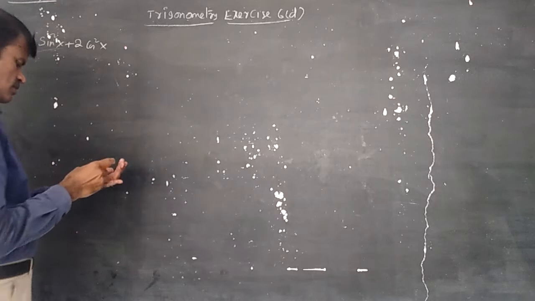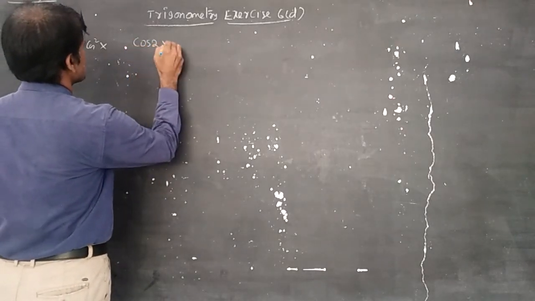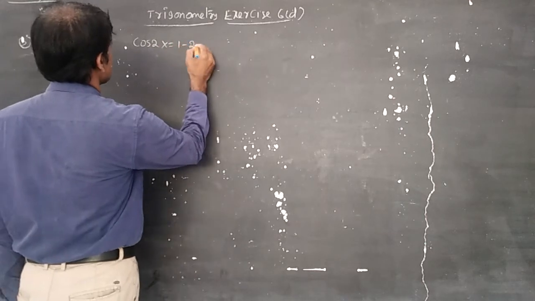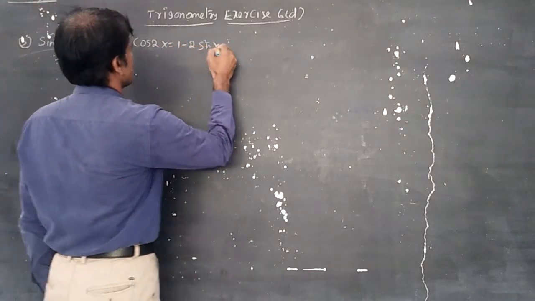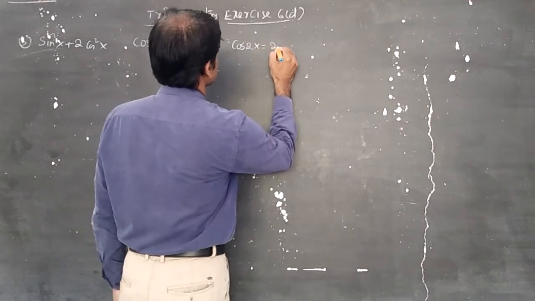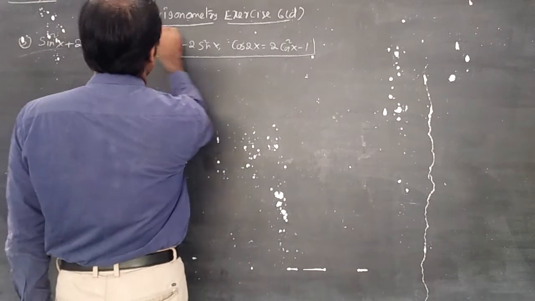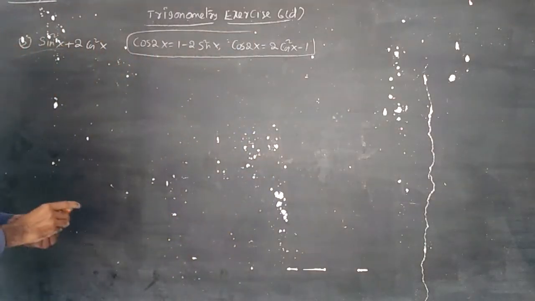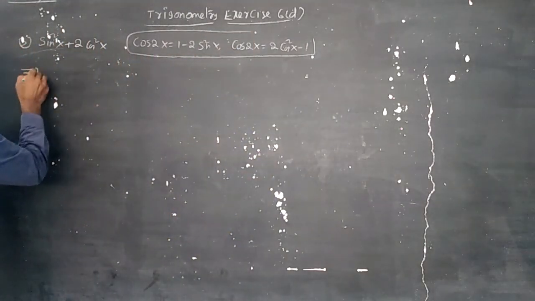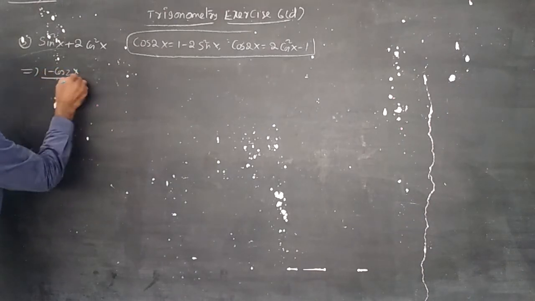Let us remember the formula: cos 2x is equal to 1 minus 2 sin square x in terms of sin, and cos 2x is 2 cos square x minus 1 in terms of cos. Using this, sin square x is 1 minus cos 2x whole by 2.